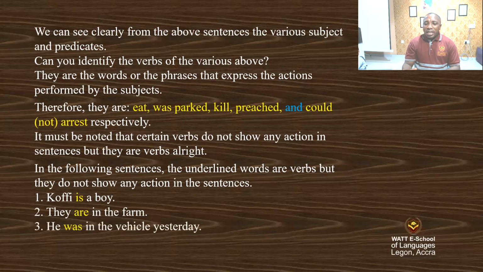He was in the vehicle yesterday. You can see that these verbs are verbs, but they do not show any action. Have you seen the difference? But when you say he kills, it is an action of doing something, but "he is a boy" is not an action verb.